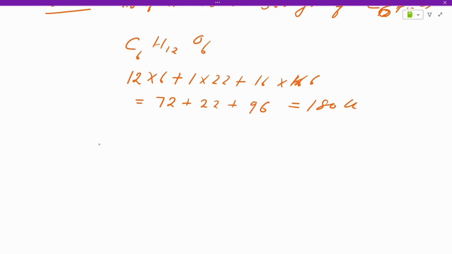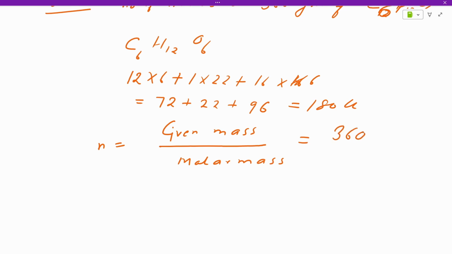So number of moles will be what? Given mass upon molar mass. Given mass is how much? 360 gram. And molar mass is 180 gram.